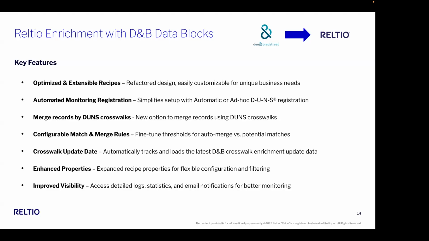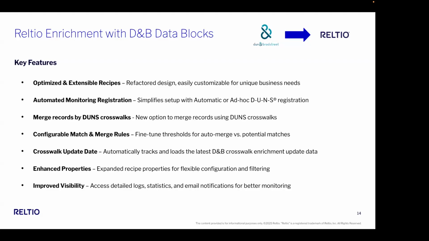Earlier, any crosswalk that used to come from DNB against your profiles, we would have a different naming convention. It would be tagged to a given URI and that DUNS. So it would be two different DNB crosswalks.